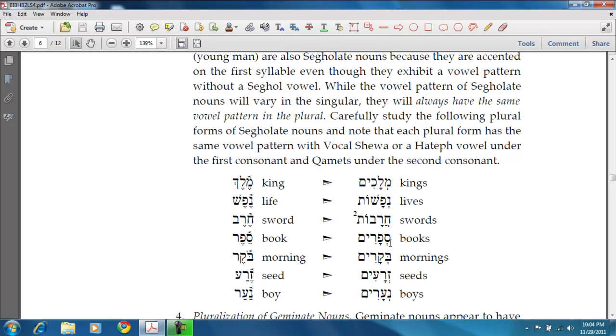You have a shva up under the samekh, qamets under the pe, and the hiriq yod mem sofit, the masculine plural ending at the end here. Boker for morning becomes bekarim, mornings. Same thing. The holem, the changeable holem, goes down to a shva.